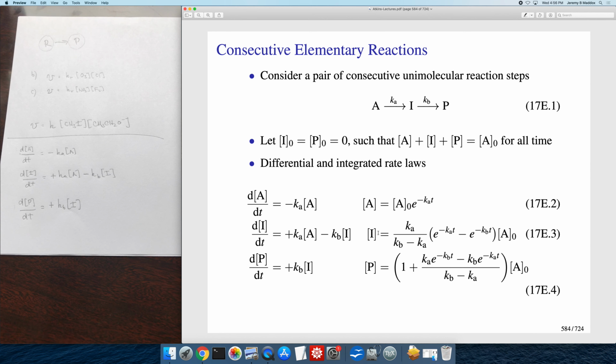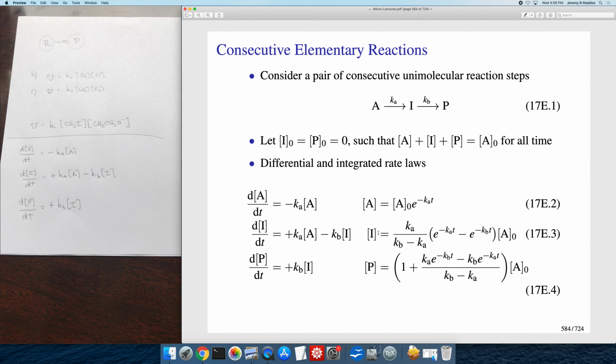Here's a graphic showing what they look like, and it reflects just what I said at the beginning of this part: the concentration of species A is going to decrease exponentially, first order kinetics. You see that the intermediate concentration starts at 0, it goes up, and then it starts to come back down.